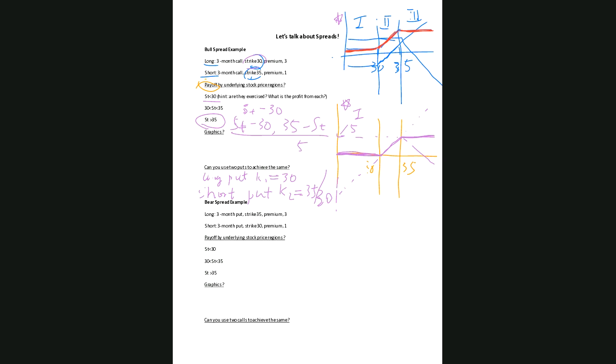What I'm going to do is, on top of the payoff, remember, payoff plus the premium is really the profit. So you do this whole graph with the payoff, and on top of that, look at the premium between them, and then add on the total premium.